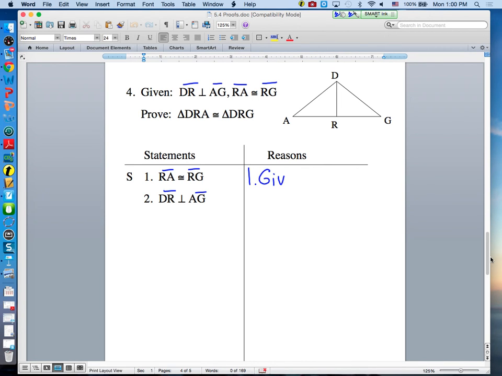Did you mark that on your picture? Number 2 is given. That's not a congruent thing. What's that mean? Segment DR is perpendicular to segment AG. Let's think about then the definition of perpendicular. You write out the word or put the symbol. I'm okay with either one. What's that mean? DR is perpendicular to AG.